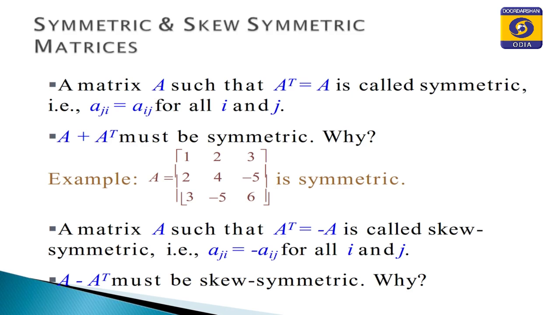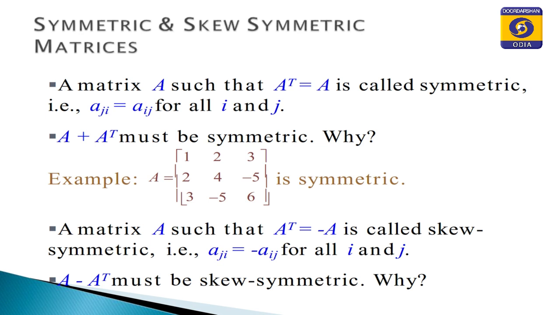Next is what is a symmetric and skew symmetric matrix. A matrix A is said to be symmetric if the transpose of A is equal to A. Here, A plus A transpose must always be symmetric. Here is an example. A is the matrix 1, 2, 3, 2, 4, -5, 3, -5, 6, which is a symmetric matrix.